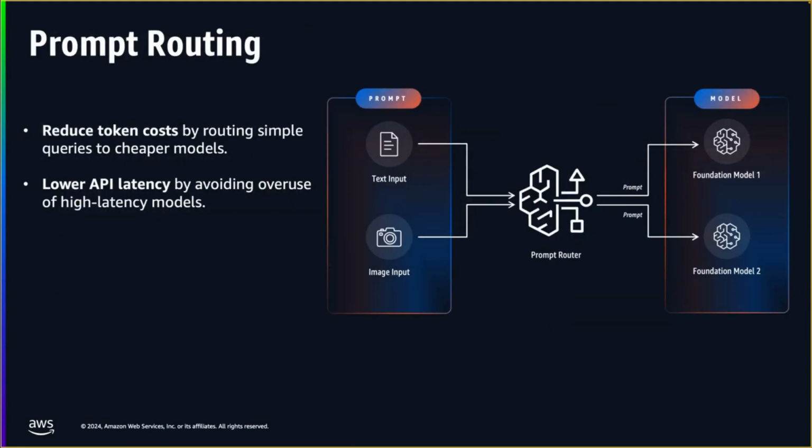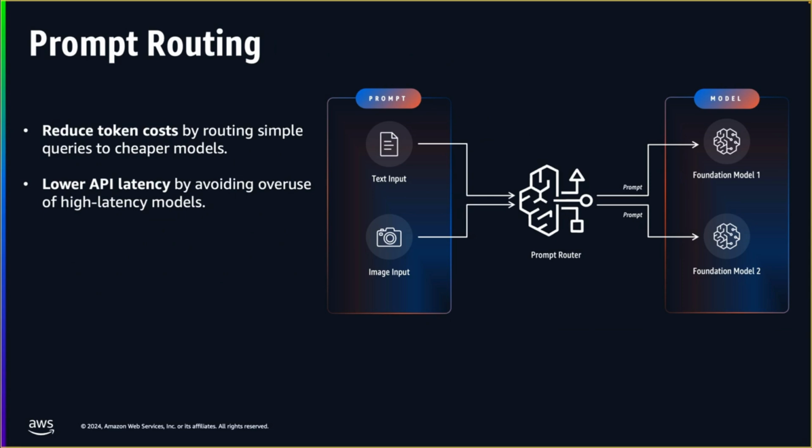Another interesting technique which you can use is prompt routing. Prompt routing is a technique where you implement some portion of the code which handles your user requests, and it takes a decision based on the input which model to use. So for a small amount of text, or text summarization tasks, you can use smaller LLMs which are more cost efficient, right?